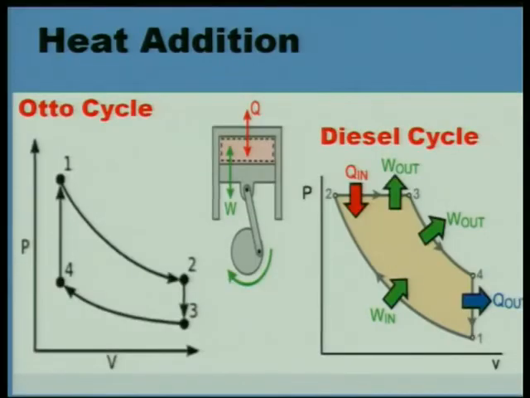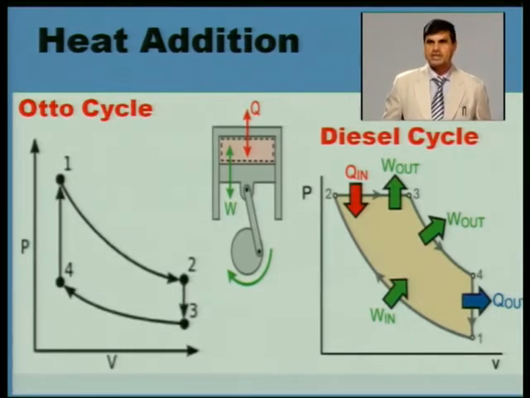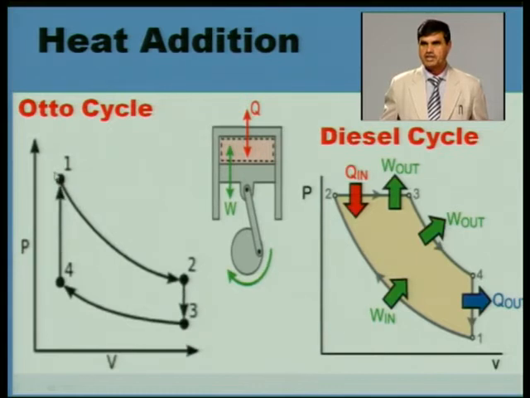Here I am indicating the heat addition processes, Q, for the Otto cycle and diesel cycle. These are theoretical cycles, where the working medium is air and the heat source is outside the cylinder, supplying heat to the cylinder. In the Otto cycle, heat addition is at constant volume, instantaneous, no time is taken for adding heat, whereas in the diesel engine, heat addition is at constant pressure.